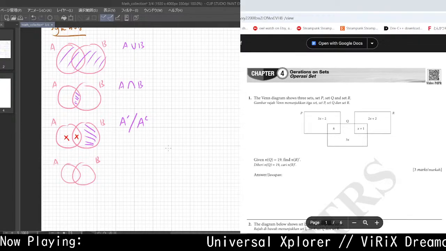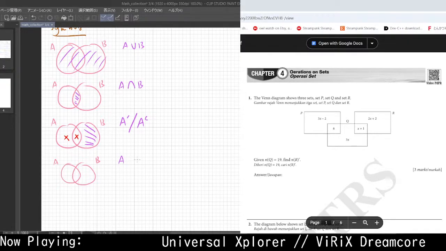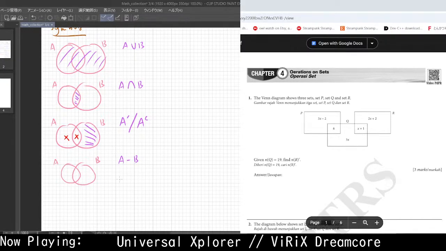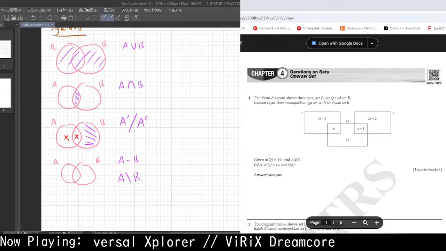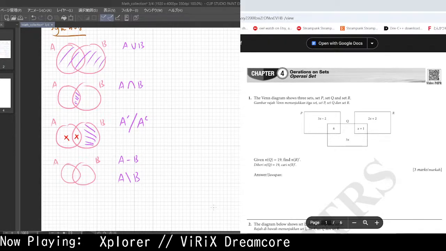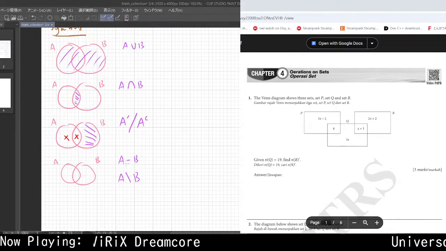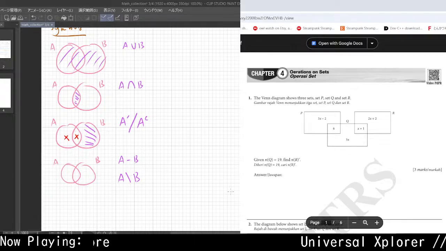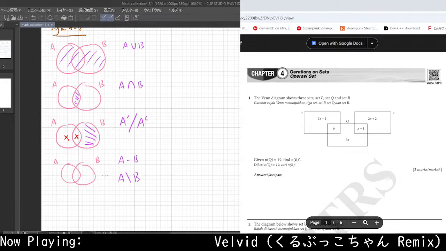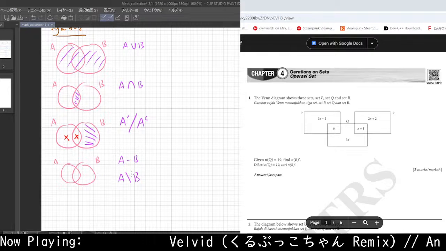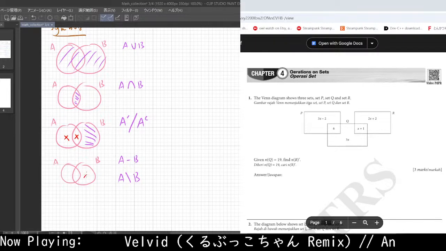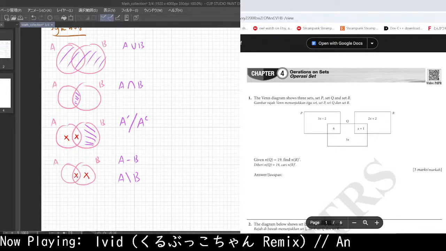The last one that you might see is A minus B, or written as A slash B. This means difference. So if I say A minus B, I want the things in A, I do not want the things that are also in B. The things in B we don't want.